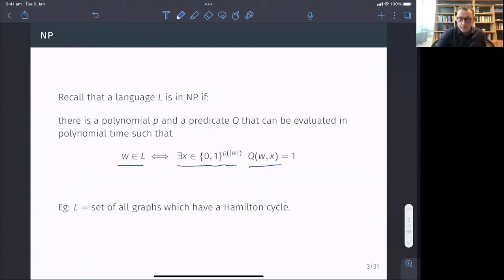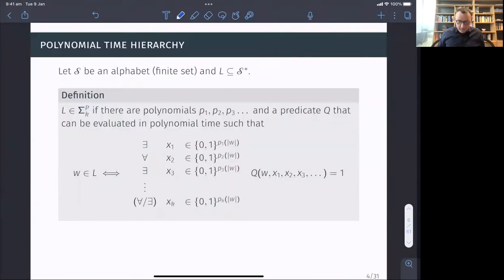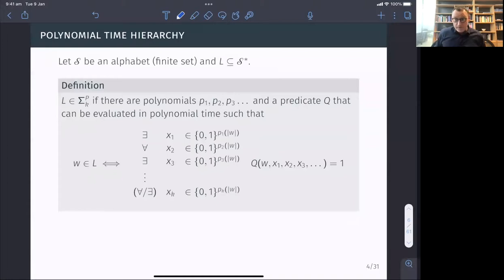So that's the definition I want to use for NP, so that I can bump it up to the following definition of sigma KP or PK.